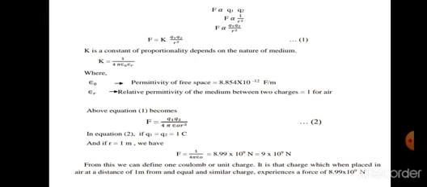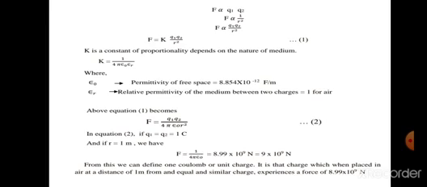So we can say that F is proportional to Q1 Q2 upon r square. Now here we will equalize the equation by taking a constant which is k. K is known as the proportionality constant, and it depends on the medium.